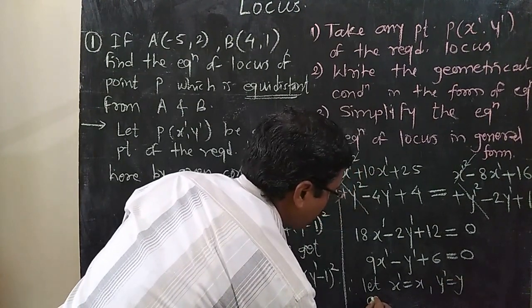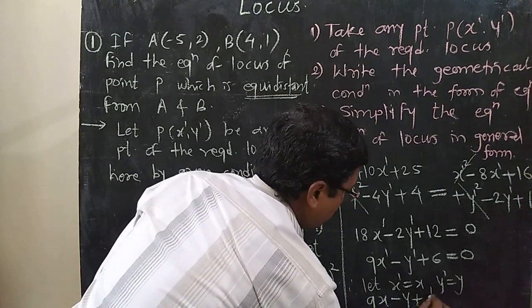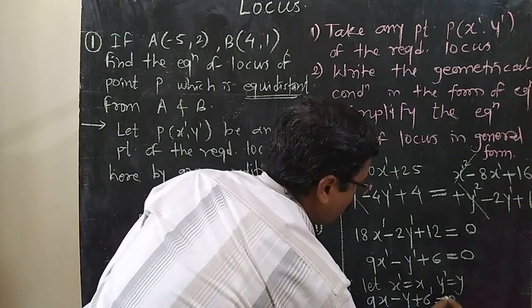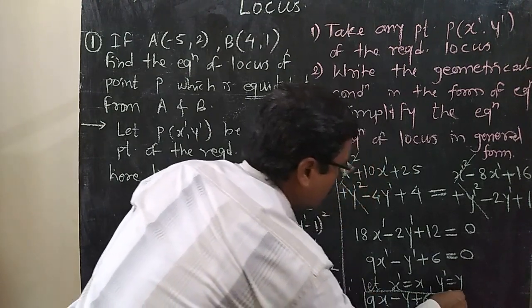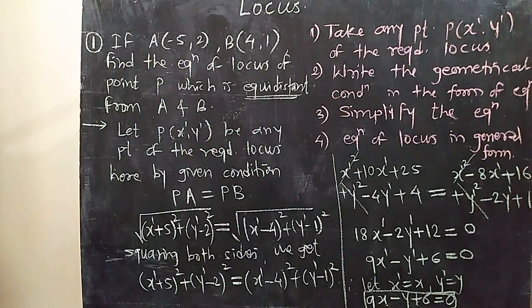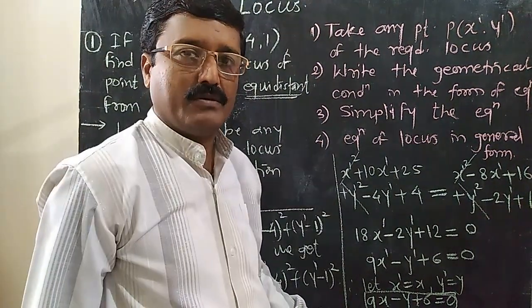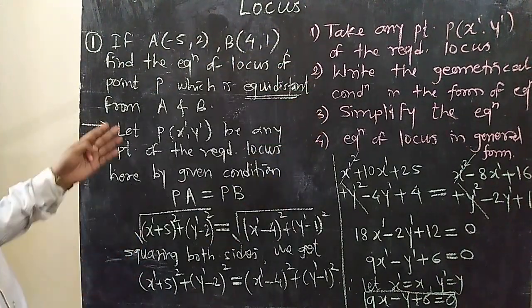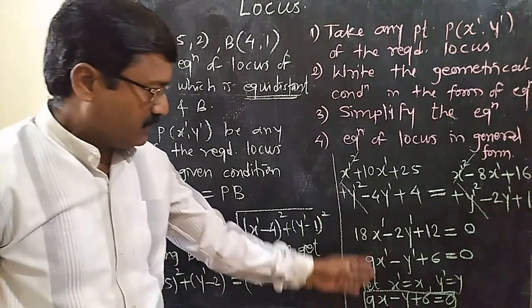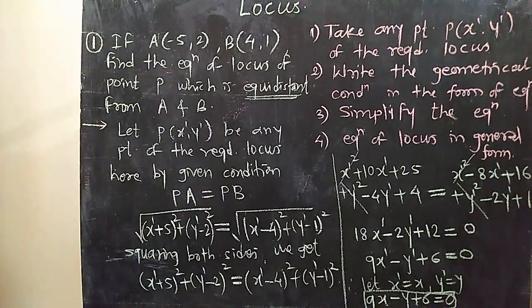We get 9x minus y plus 6 equal to 0, and this is the equation of locus. So these are the steps that we have to follow, and using those steps we get the required equation of locus. Let us see one more example.